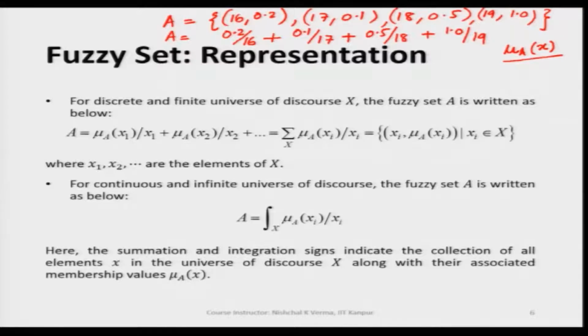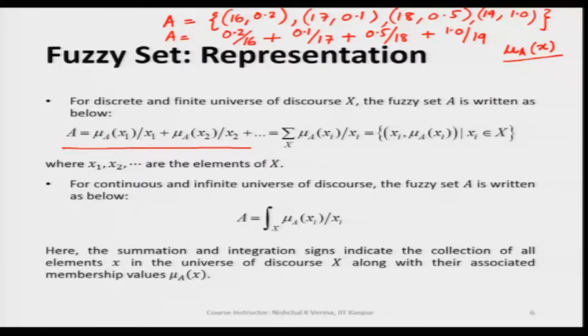And then we see here the representation; the same thing can be written like this, it is the form in which we write a fuzzy set. So, if we have a fuzzy set A, it should be written as A equal to mu A of x1 oblique x1 plus mu A of x2.